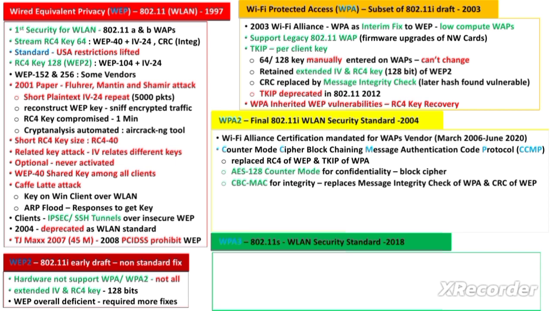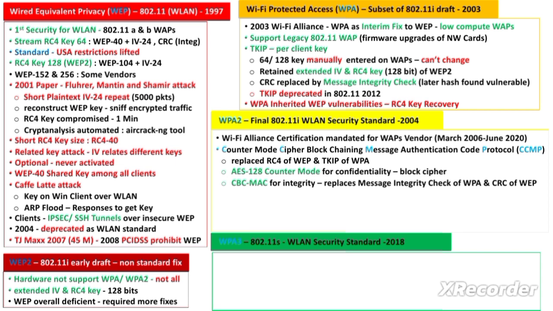So basically, it uses the famous CCMP, which stands for Counter Mode Cipher Block Chaining Message Authentication Code Protocol. So basically, the RC4 stream cipher was replaced, and TKIP of WPA was also replaced.